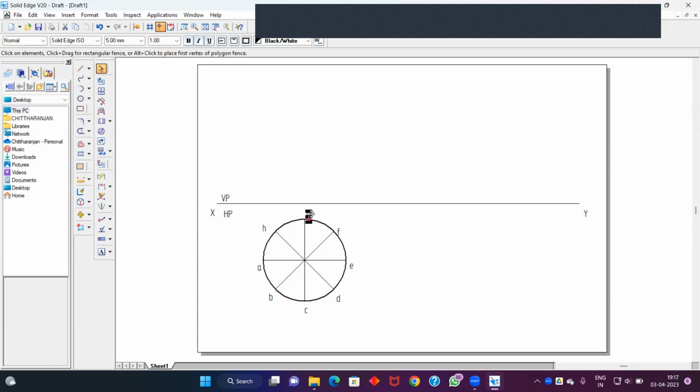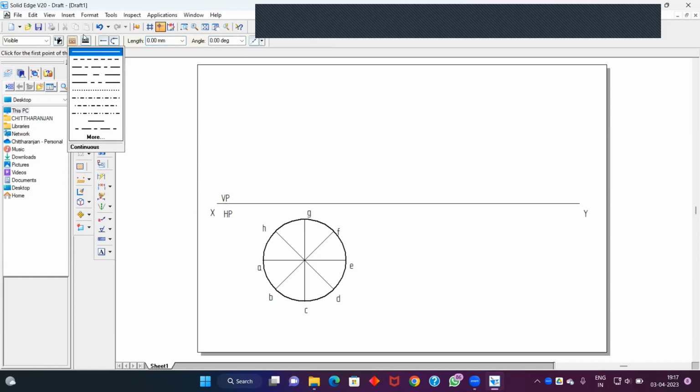Now draw a line to the axis. The thickness of that line is 0.25 mm and it should be a dotted line, anything after the continuous line.